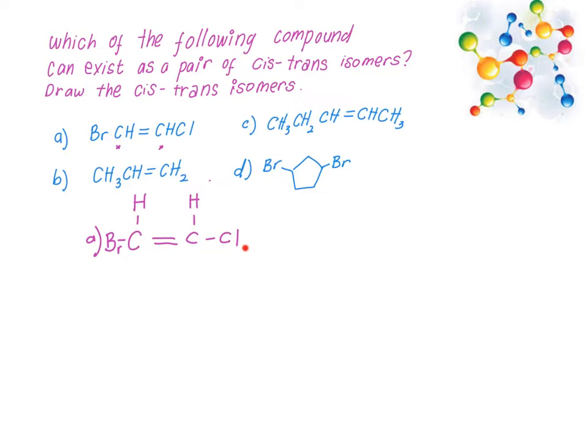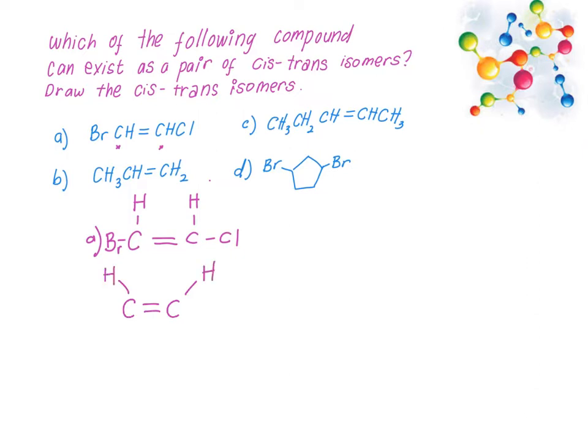And how am I going to write the structures of the cis-trans isomers for structure A? Alright, so I'm going to draw the C double bond C first. Let's say I'm going to draw the cis isomer first.